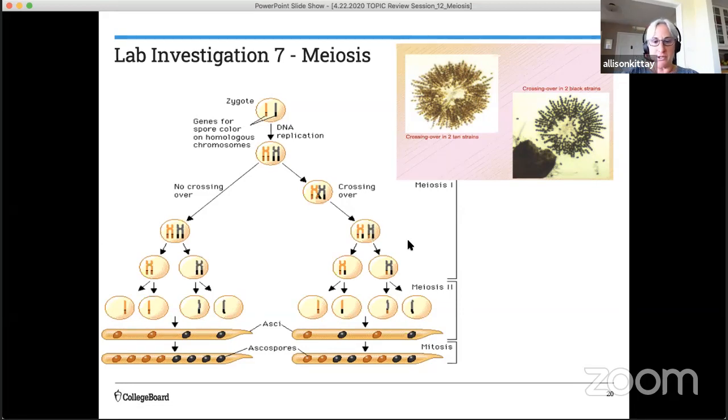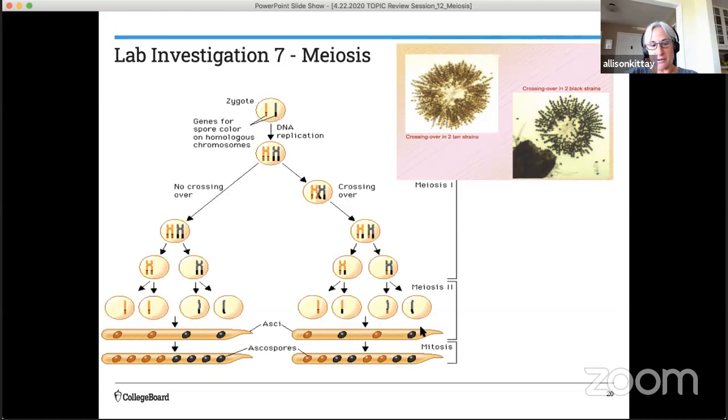And then when they do their first round of division, we can see that they create 2 different cells that when they divide by meiosis 2, we end up with an all tan, a tan with a black tip, which is going to produce a black spore because that's where the gene for spore color is. This is tan. This one has a tan gene and this one has a black gene.